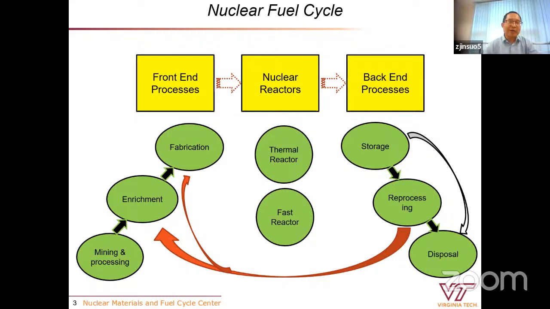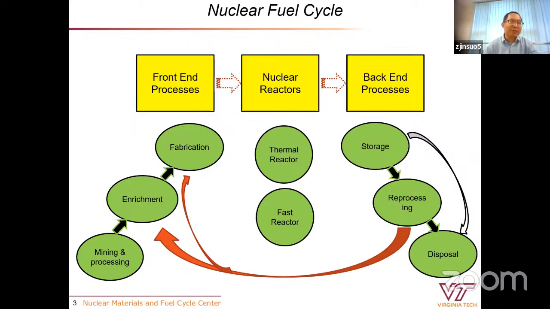However, the once-through fuel cycle has many issues. Very long half-life materials are in that waste, so it lasts thousands of years. So we need to reprocess the fuel, get the useful materials and reburn them again.